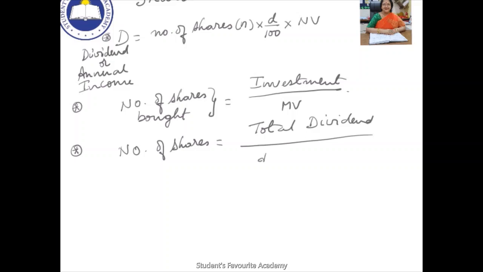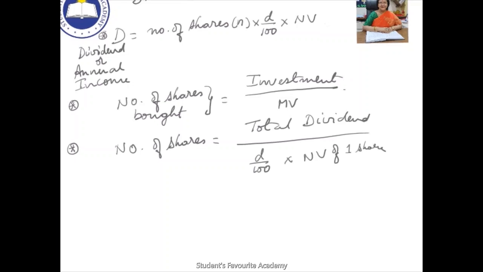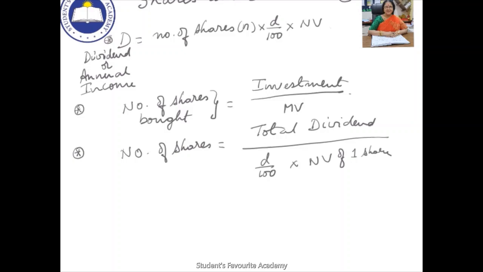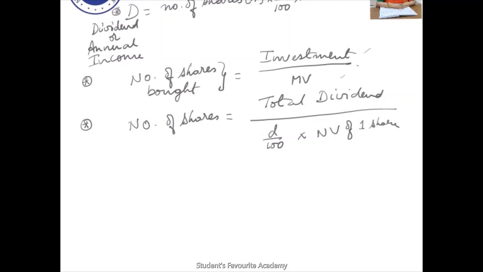Dividend on one share means d upon 100 into nominal value of one share. This is another way of finding the number of shares when you know the dividend, dividend percent and also the nominal value of each share. And in the other method, when you know the investment and the market value, you can find the number of shares.